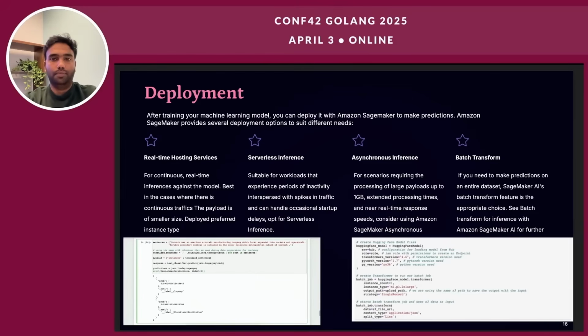The second case is of using serverless inference. This option we can use for intermittent traffic, where we see bursts of traffic, maybe during daytime, during office hours, or at the end of the day. This is ideal for workloads that can tolerate cold starts.